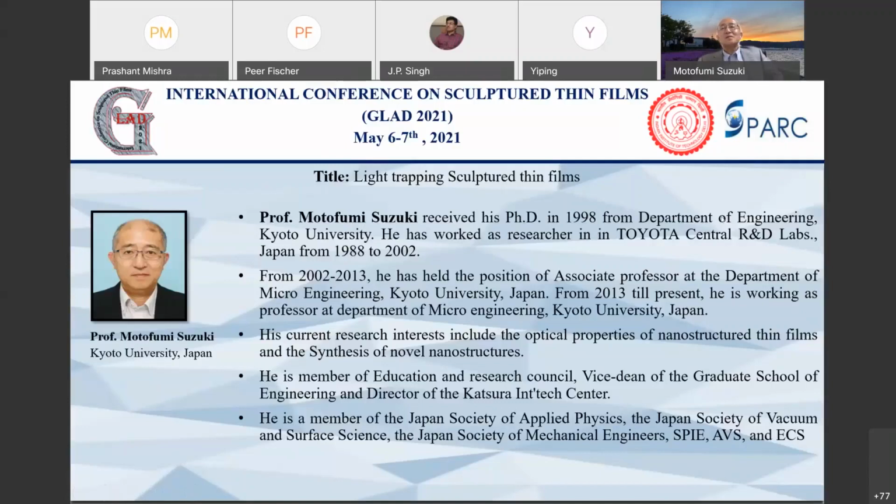He worked as a researcher at Toyota Central R&D Lab, Japan, and later held positions as associate professor at the Department of Microengineering, Kyoto University, from 2013, and is now a professor there. His current research interests include the optical property of nanostructured thin films and synthesis of novel nanostructures.